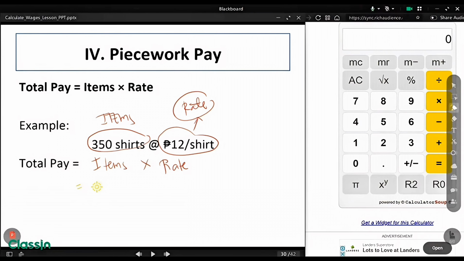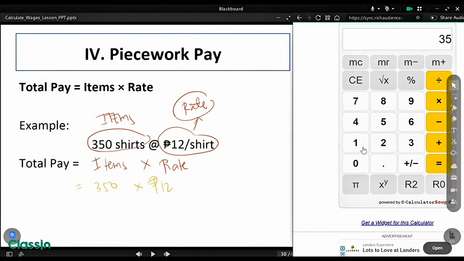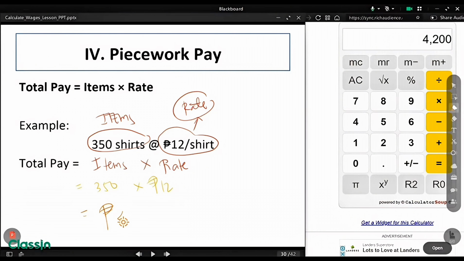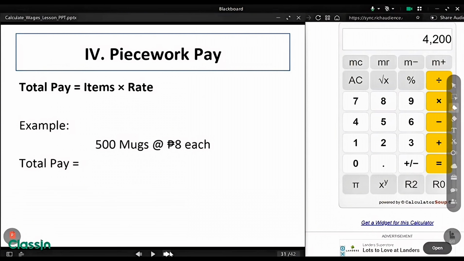So with that, we have 350 times 12 pesos. So let's calculate it. 350 times 12. The answer is 4,200. So meaning your total piecework pay will yield to 4,200.